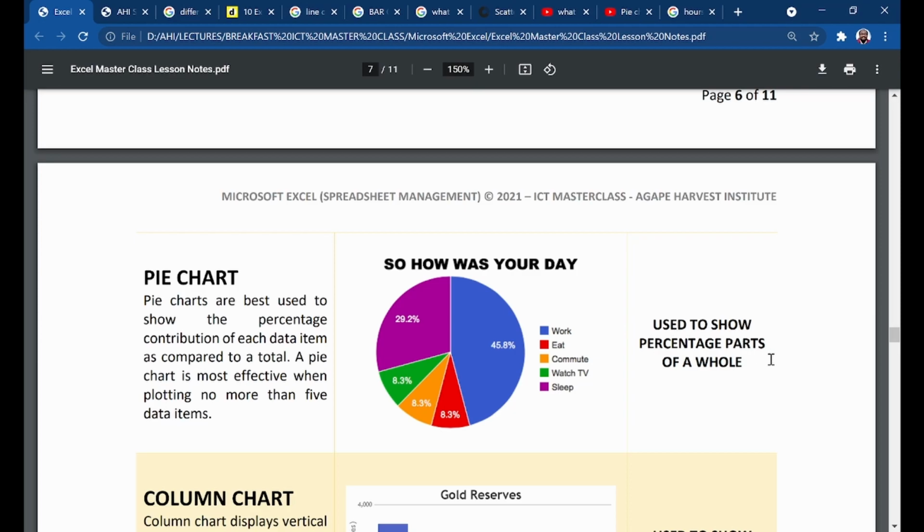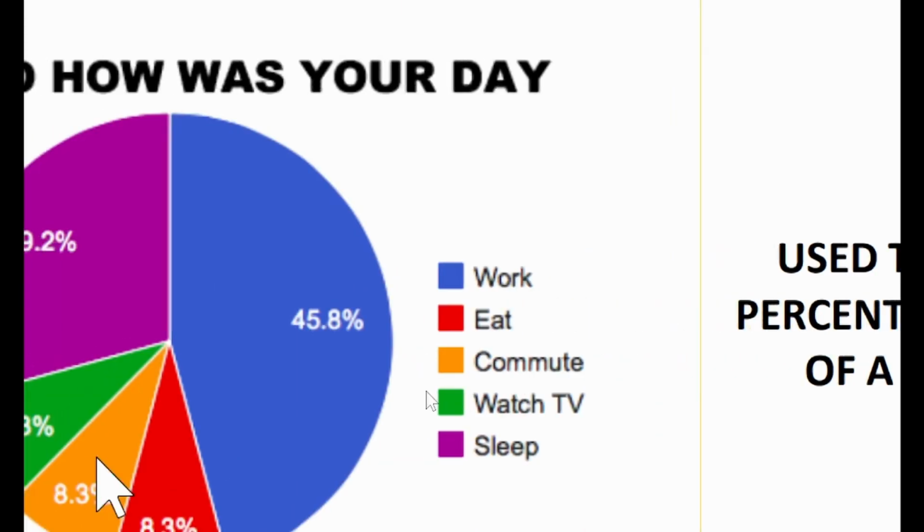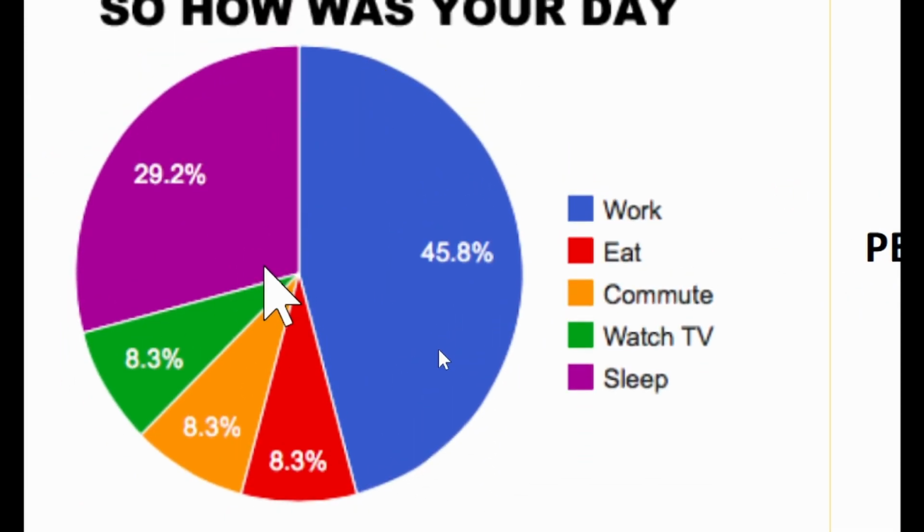With this, you need to understand what we mean by a whole or a total. Pie charts are used to show percentage parts. Usually when we bring pie chart, we are looking for percentages, the percentage parts of a whole. What it means is that we have a whole and we want to show parts of the whole.